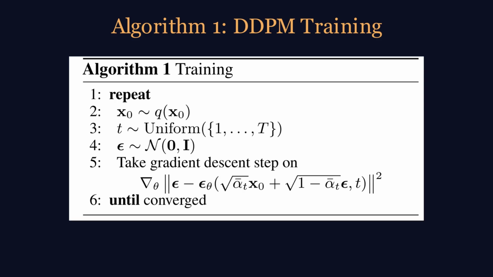As you can see, we repeat until convergence: sample x_0, sample a time step t, and sample noise epsilon. Then take a gradient step on the noise prediction error as we have derived, and continue until convergence.